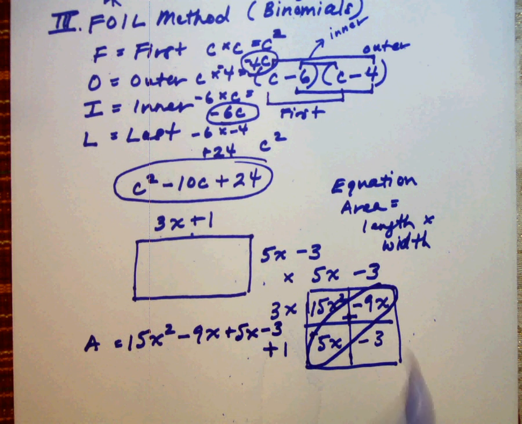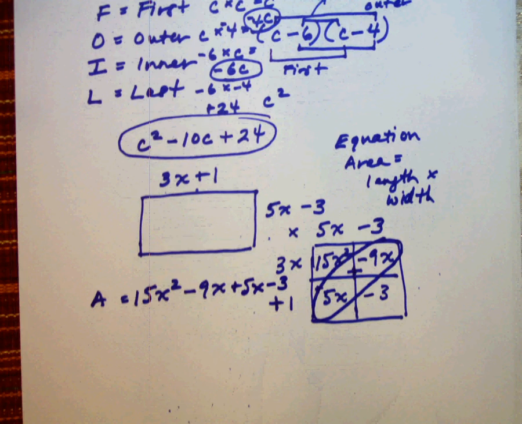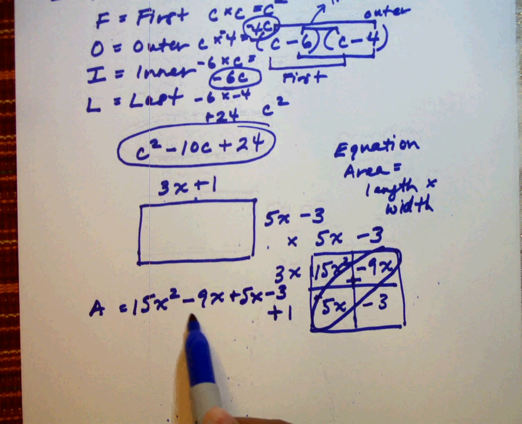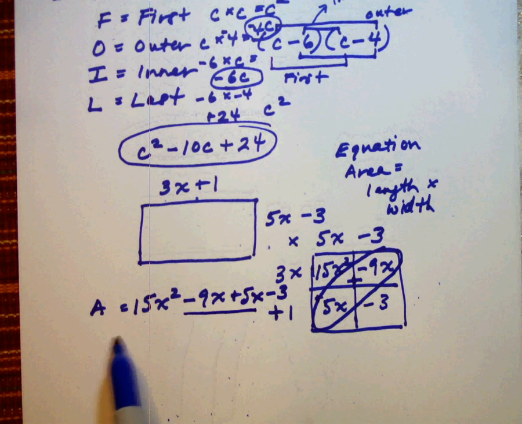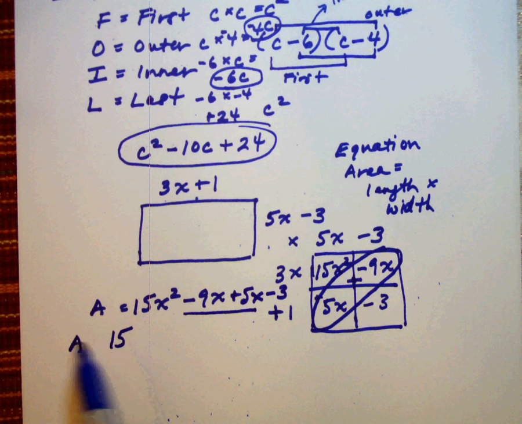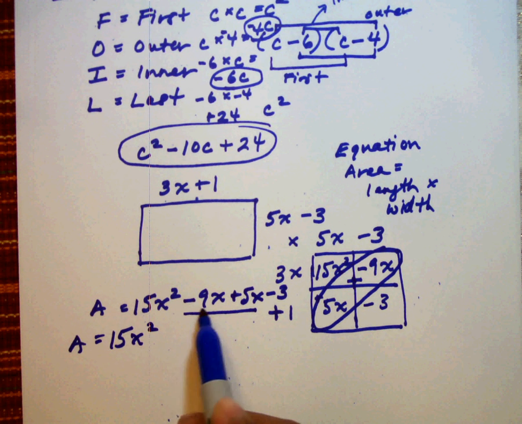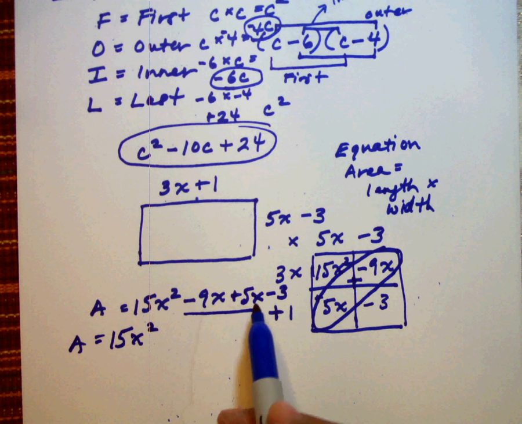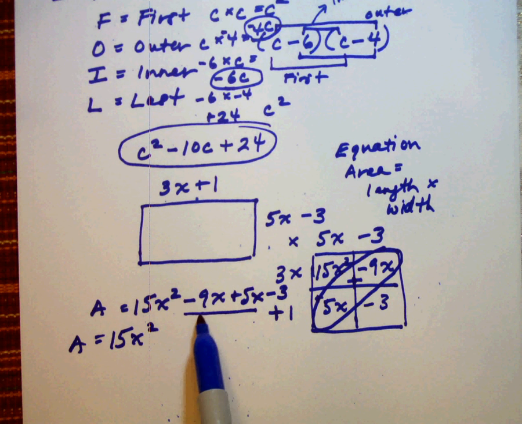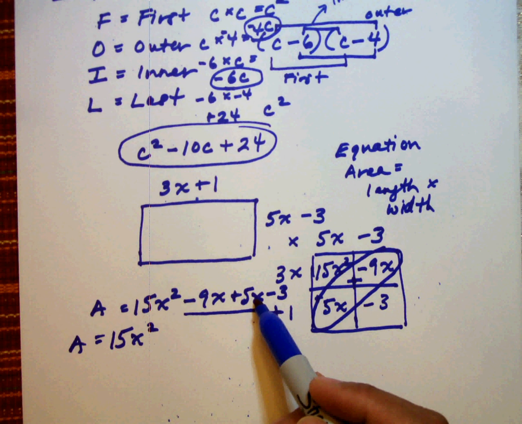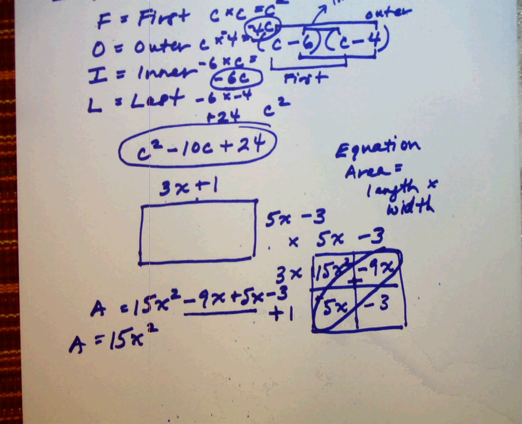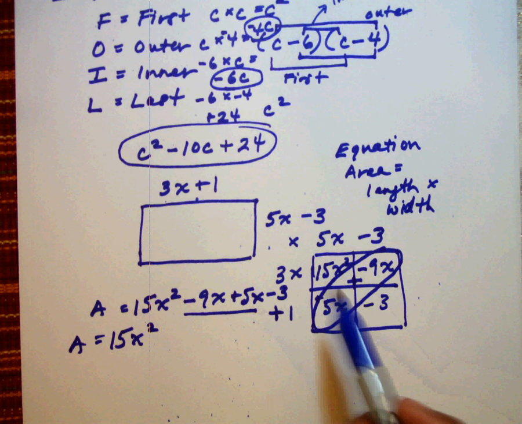It's a tight squeeze there, sorry. Now combine like terms. I know I have x's here. 15x squared, negative 9 plus 5. If you lost $9 and you gained $5, are you still in debt, or do you have money with you?